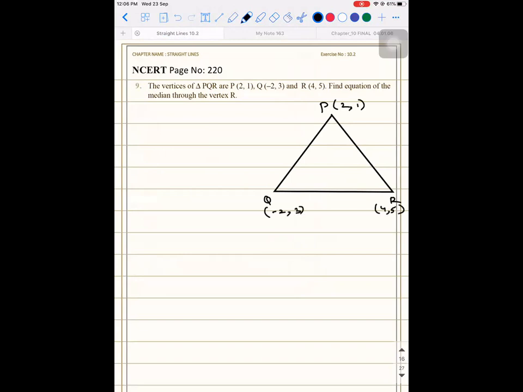It's a rough diagram. Find the equation of the median through the vertex R. So through the vertex R, there is a median like this. What will be the equation of this? How to do it?